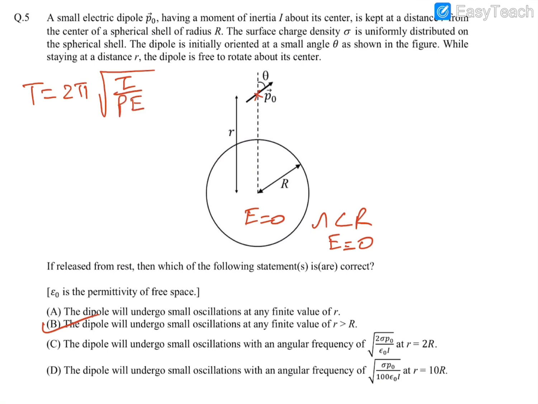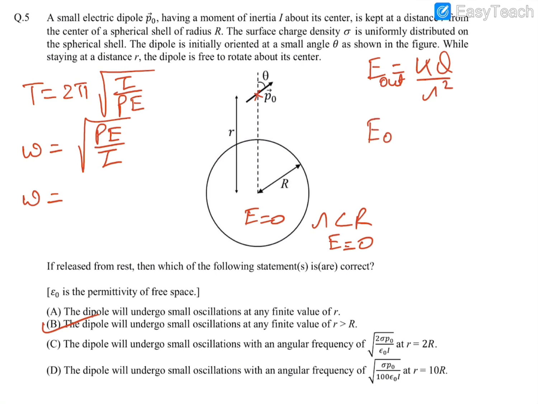This is the time period of the dipole, and omega will be equal to under root PE by I. Now, electric field outside the shell, E out, is kq by r square, and if we write k as 1 upon 4 pi epsilon naught, and multiply and divide by capital R square, then E out will be equal to q by 4 pi R square, which is sigma.